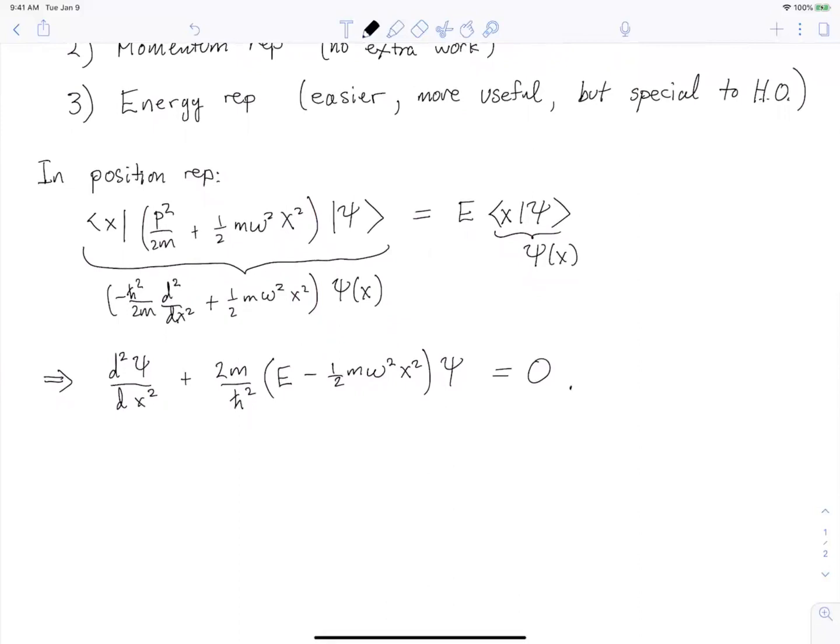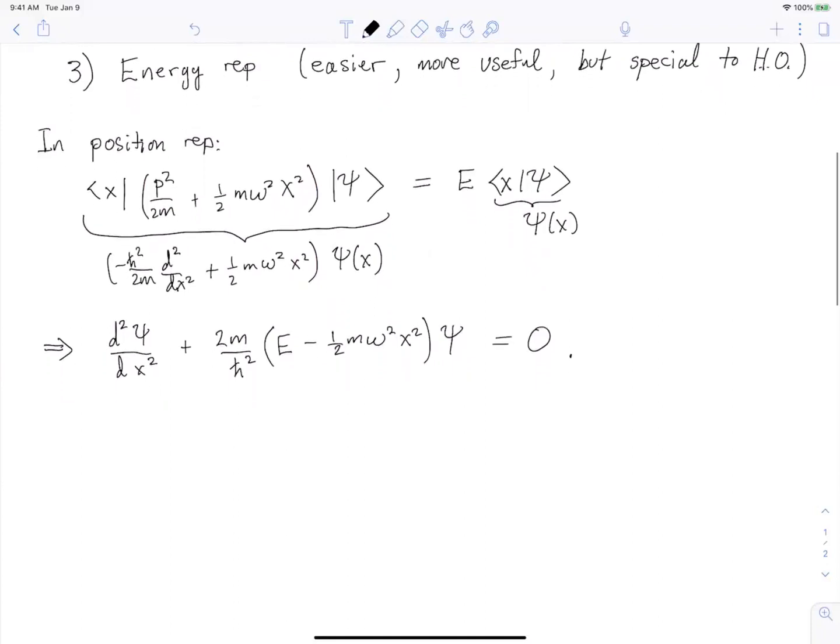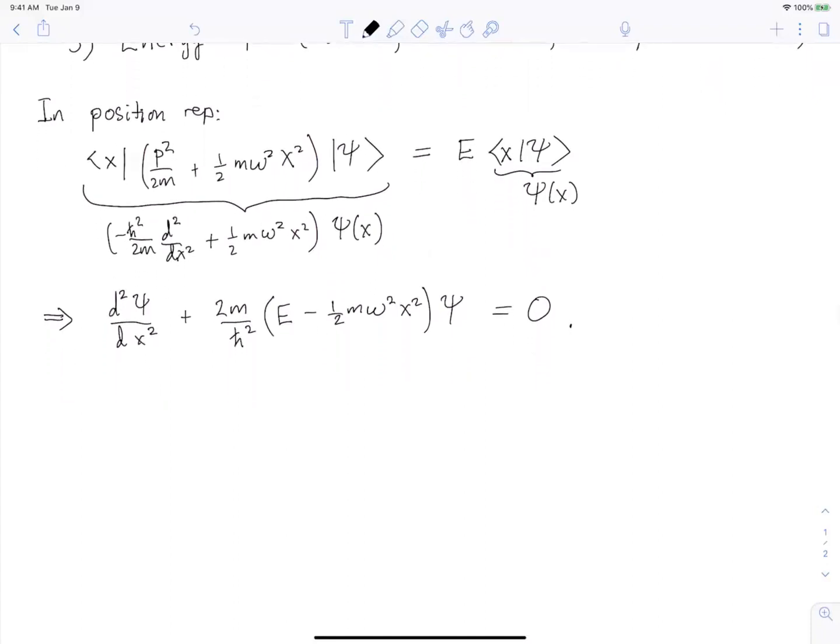And there's a very useful trick that applies very generally to this sort of problem. And that is, if possible, you want to use dimensionless variables. So for convenience, we're going to define our original number x to be b times y, where b is going to be a constant length that I'm going to tell you what it is in a minute.